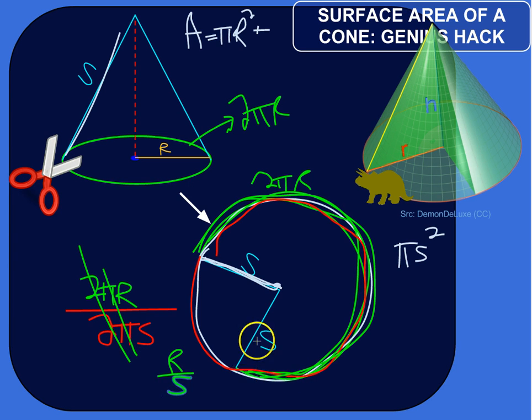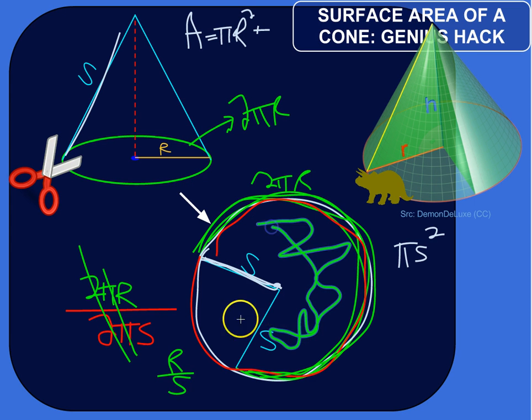So now the area of this sector, without this chunk here, would be the area of the full circle times this ratio. So we're taking the area of that full circle, pi s squared, and multiplying it by this ratio.